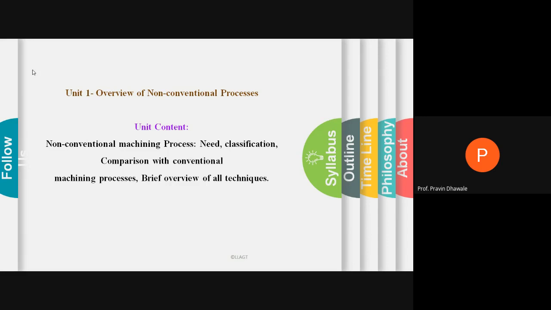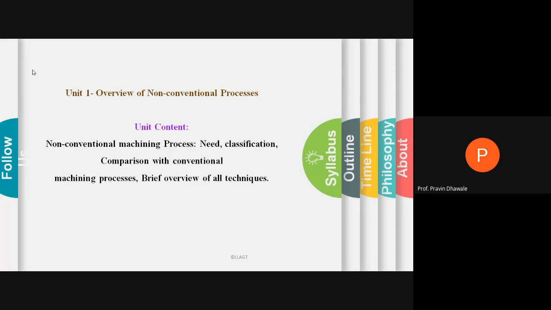Due to high temperature, the material first melts and then vaporizes, so that material is removed from the workpiece. That is, in non-conventional machining, you don't require a tool to remove the material. This is the basic difference between conventional and non-conventional machining.